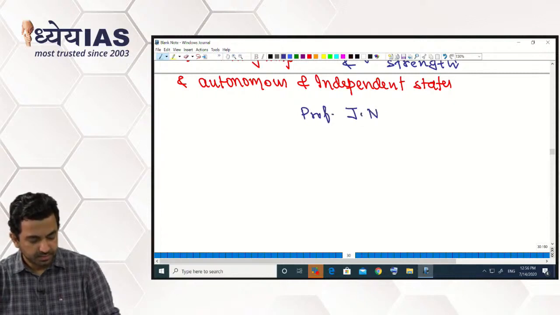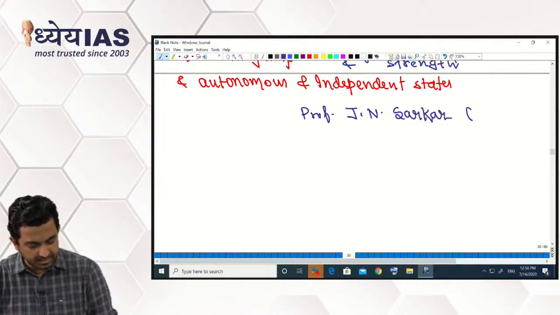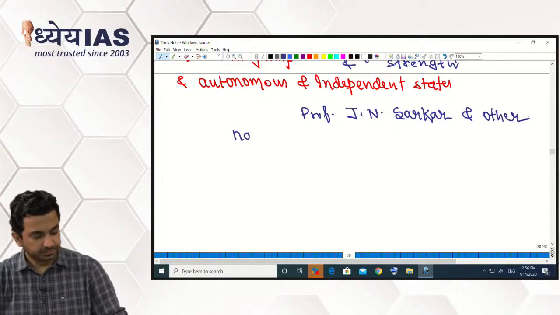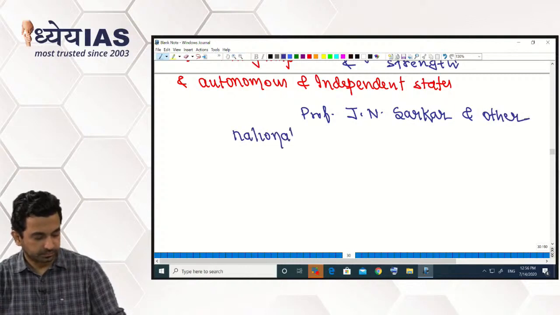Professor J. N. Sarkar and other nationalist historians.